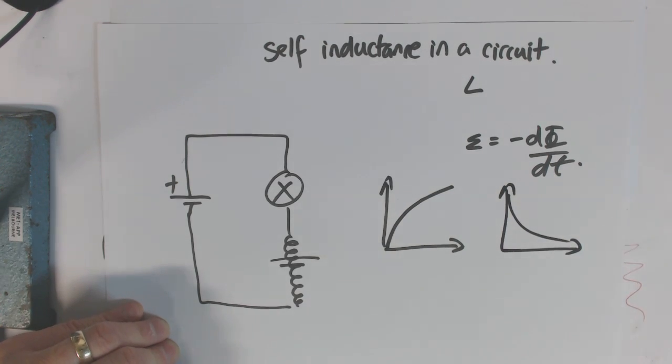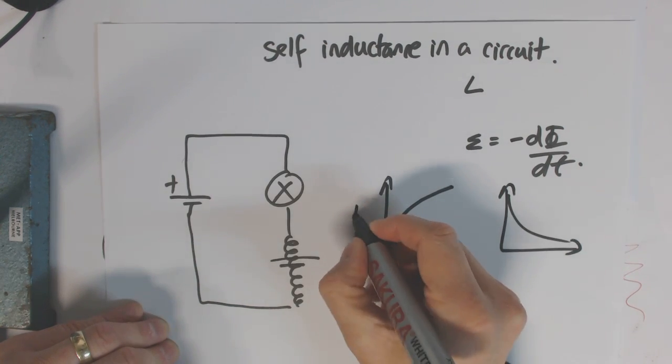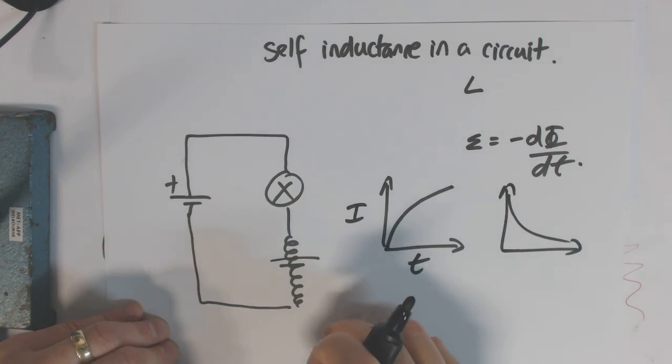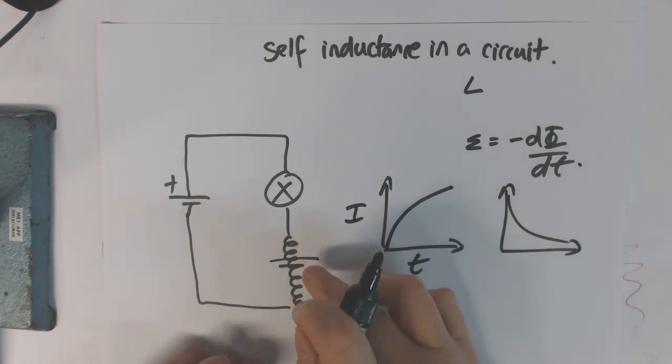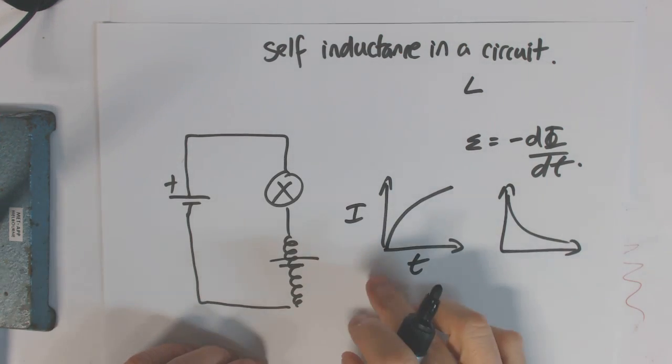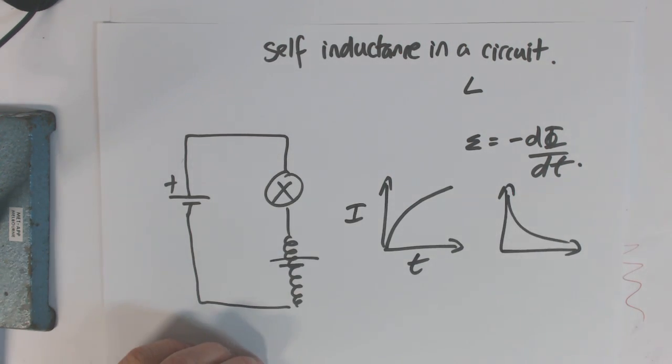All you need to remember is that for the inductor, this is the current-time graph in the inductor. Okay, so the current tries to build up rapidly, but we get this opposing voltage, and so it takes a little while for the current in the coil to build up to its maximum value.